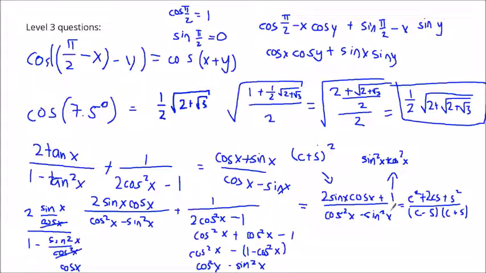That's equal to cosine plus sine squared, like a squared plus 2ab plus b squared. And then this is c minus s, and this is c plus s. So we can condense it all down: c plus s over c minus s, and that is our identity.